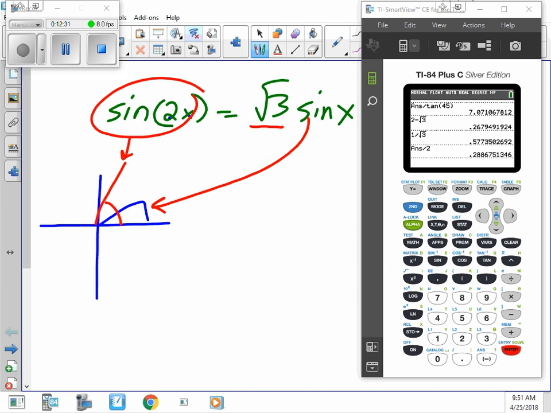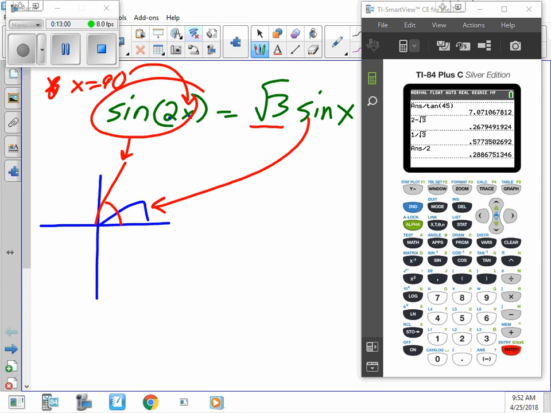Okay. Well, we're working in radians, so we really only have 4 choices. Right? We either have pi over 6, pi over 4, pi over 3, or one of the right angles. Okay? So let's try a right angle. Let's try 90. So will 90 work? If x equals 90, what happens when I plug it in there?